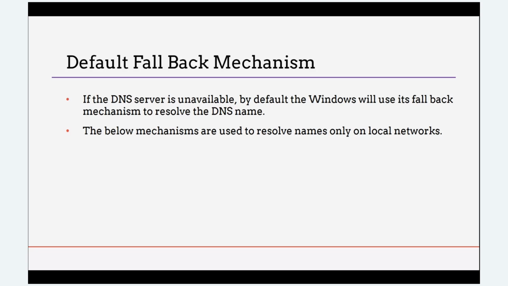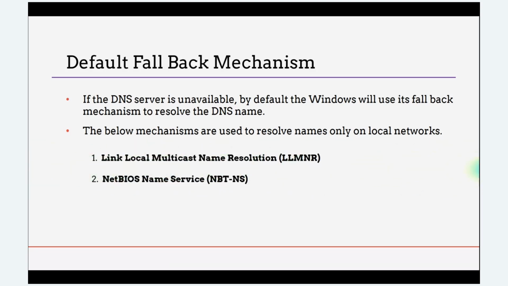You don't need to enable anything; by default, Windows will adopt them. They are available on all Windows versions from Windows 2000 or Windows Vista, and it is available in your system as well. What are these two? These two are Link-Local Multicast Name Resolution, LLMNR, and NetBIOS Name Service, NBT-NS. These two mechanisms will automatically be followed.